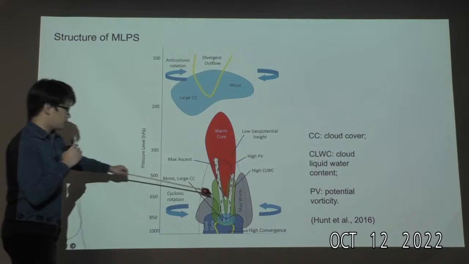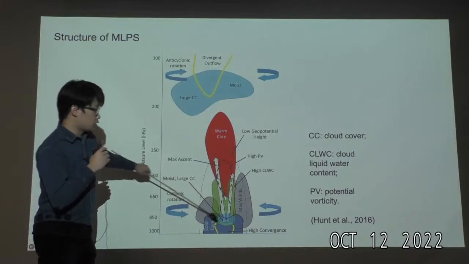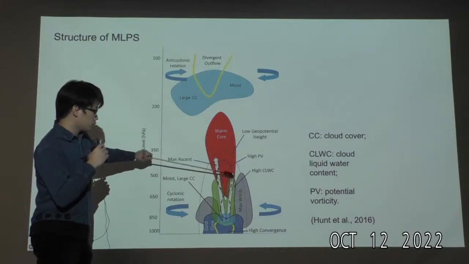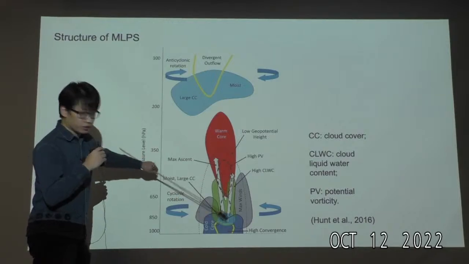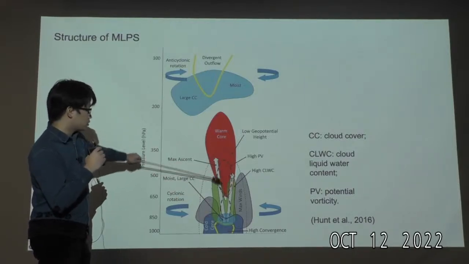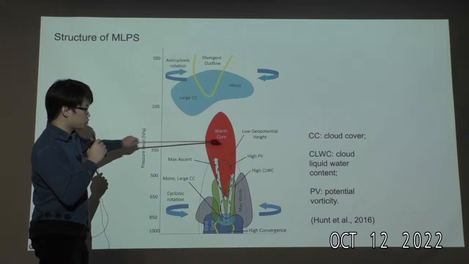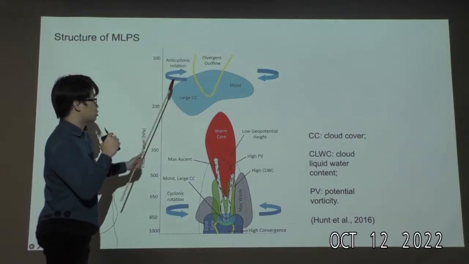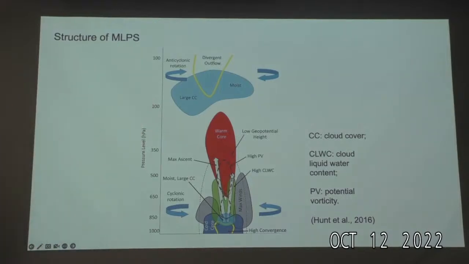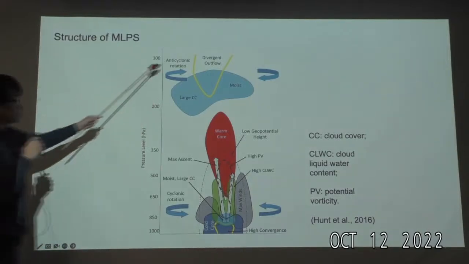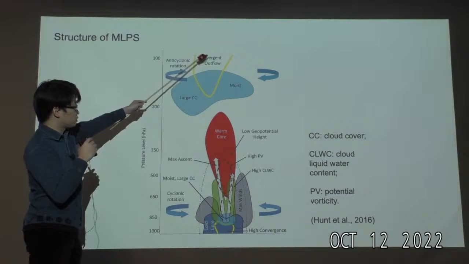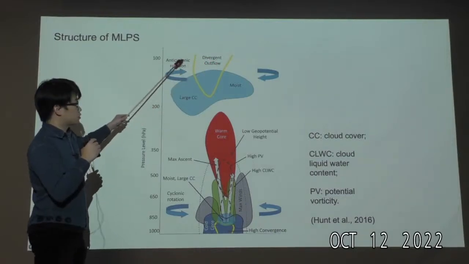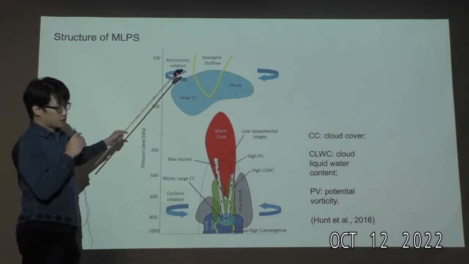If you go up higher, this is where the cloud liquid water concentrates. Then higher up is the warm core, and on the top is large cloud cover. The circulation on the top is reversed; it's more like an anti-cyclonic flow.